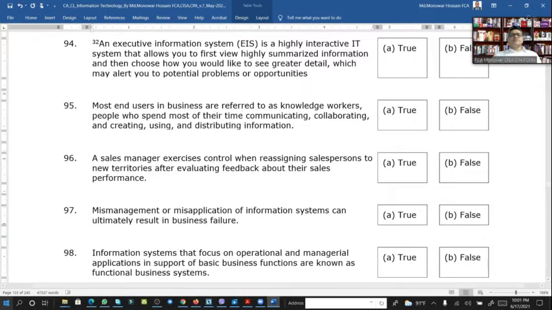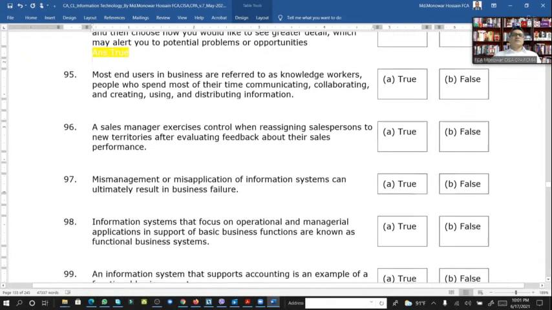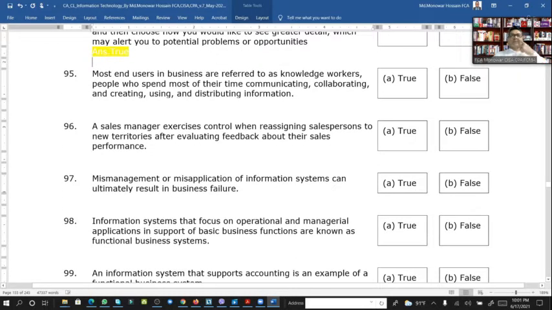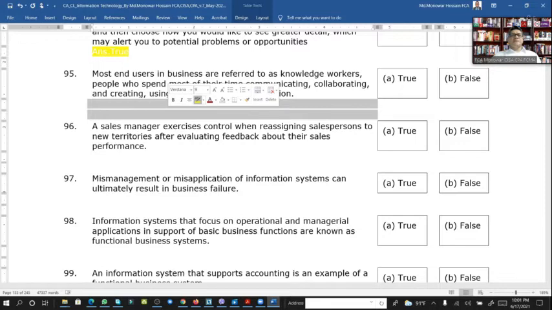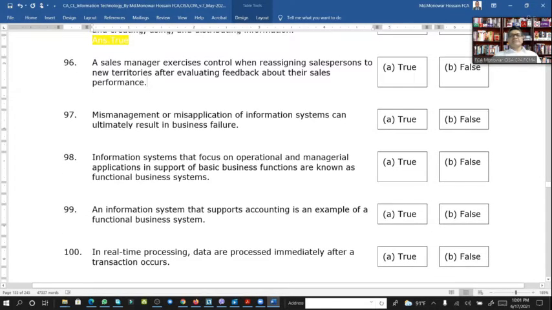Executive information system is a highly interactive IT system. It's also true. Most end-user businesses refer to knowledge workers, people who spend most of their time communicating. A sales manager exercises control when he moves a salesperson to a new area or territory. Also true.